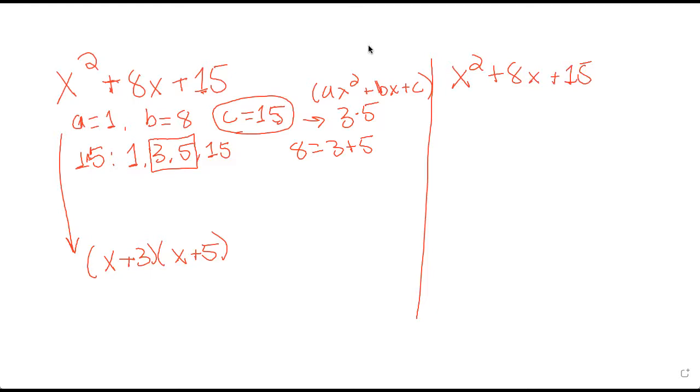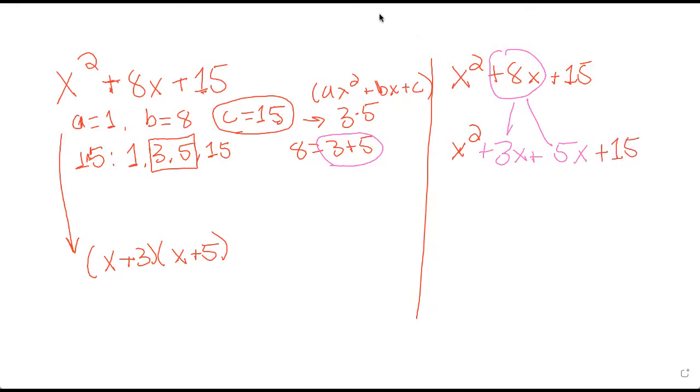All we do is replace the middle term, plus 8x, with the factors we have computed over here, which is 3x plus 5x. Then we can bring down the x squared, and this is a plus, and this is plus 15 here.